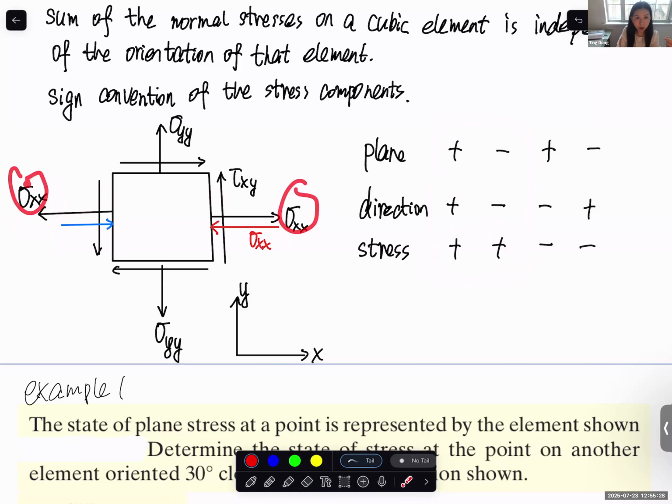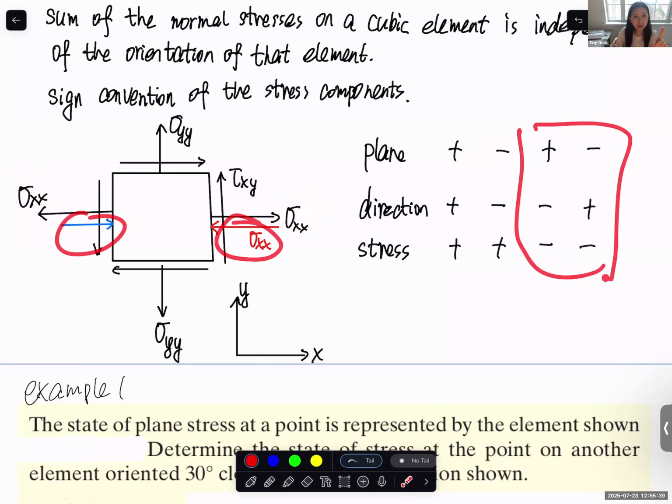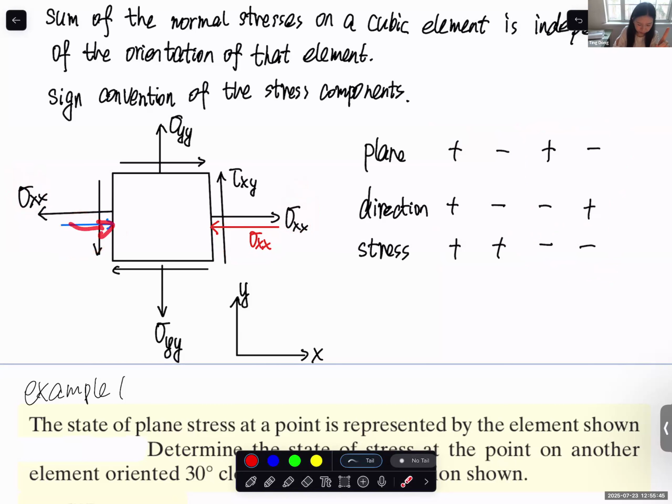That's why these two are positive. If we consider this red and blue, these two, you can use the second order tensor sign convention to conclude that it's a negative stress component, or you can simply consider that because the red and blue stress act on this element, it will generate compressive stress. So that's why it's negative.